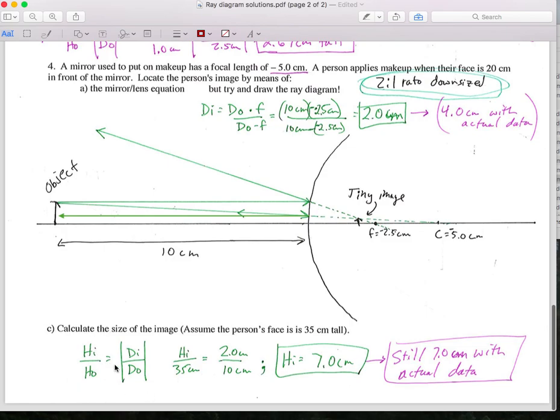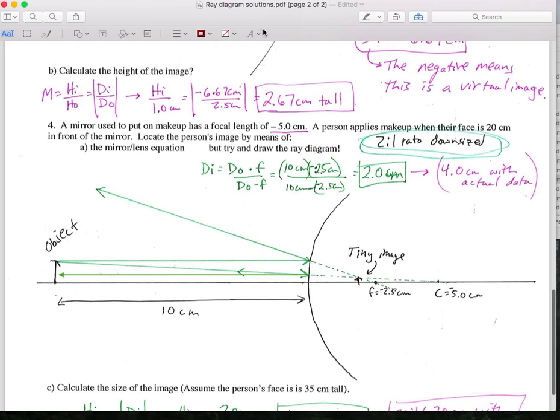And then if we want to do the height of the image, so if the object was 35 centimeters tall, we look at a ratio of this image distance to object distance. The calculated image distance here is actually going to be negative 2 centimeters.